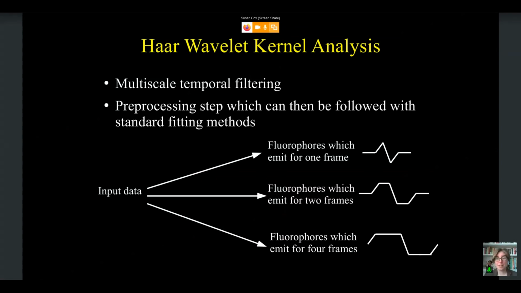Now, this is just multi-scale temporal filtering. It's a pre-processing step you can do on your data that can then be followed by standard fitting methods. So it's really going back to this idea of you can use temporal or you can use spatial. And we're really going into that class of using just the temporal effect.